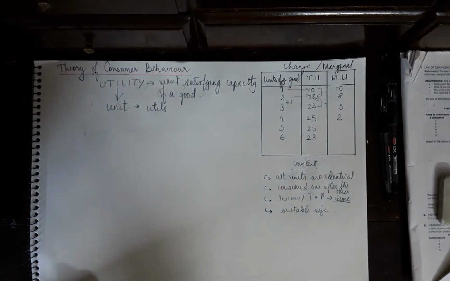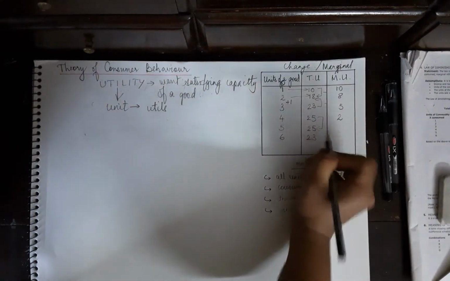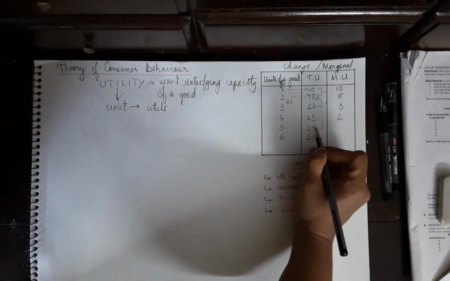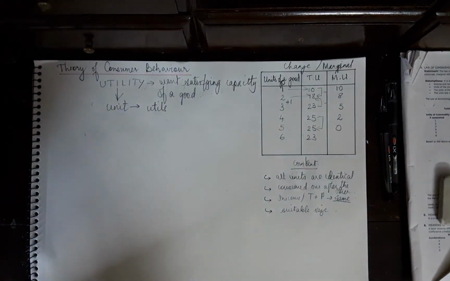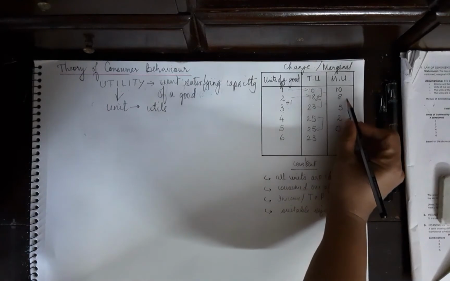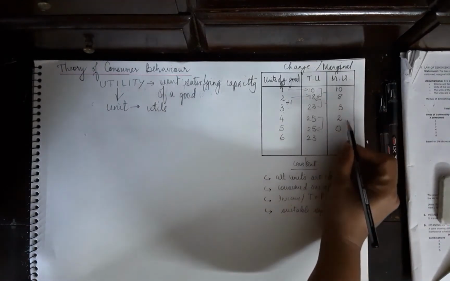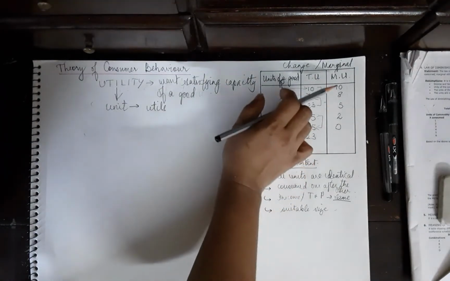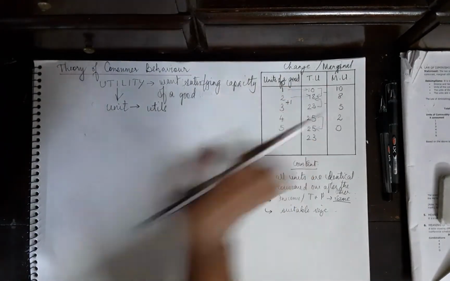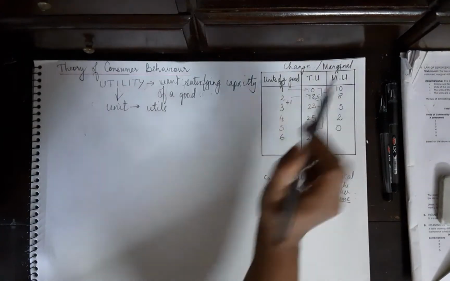Yes, by 2 utils. Then did my utility change? No, there was no change. So 25 minus 25 is 0. See? Now you can see the change in the utility is decreasing. There is an increase in utility, but it is increasing at a decreasing rate. That is what this concept of marginal tells us.